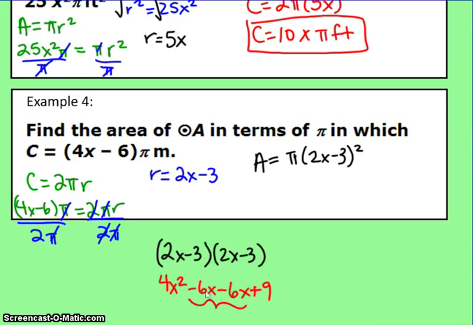Now I can combine these two negative 6 terms, and I get negative 12x. So multiplying those two binomials together gives me 4x squared minus 12x plus 9, which means the area of the circle is 4x squared minus 12x plus 9 pi, and then remember the area is in units squared, so meters squared.